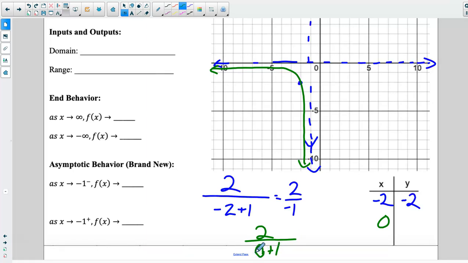And what do you get when you plug in 0? +2. You get 1 on the denominator, and then we go 2 divided by 1, and we get that 2.